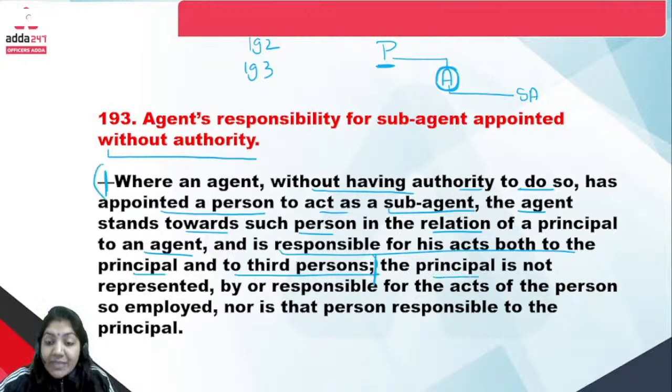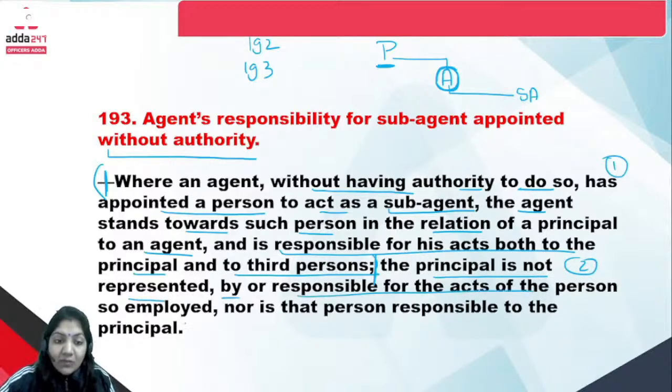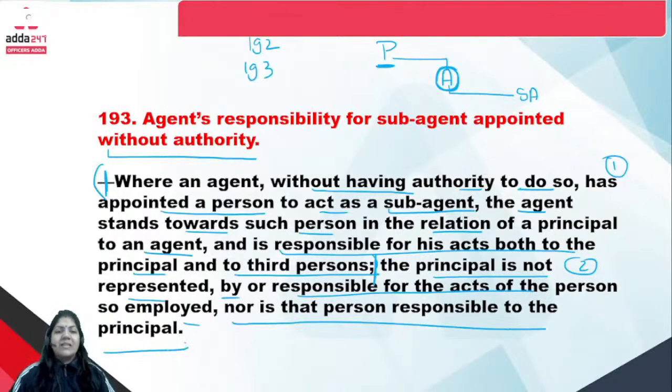This is the first point. Second point, the principal is not represented by or responsible for the act of the person, nor is that person responsible to the principal. It means simply in 193, if any work is done by the sub-agent, only this agent will be responsible. That's it. Please check this.